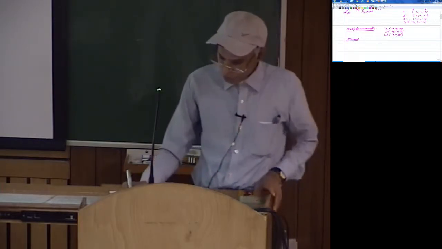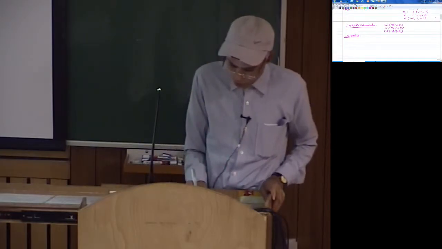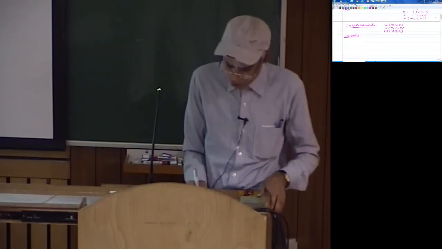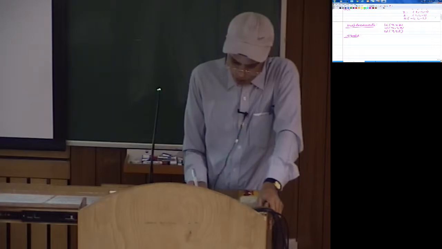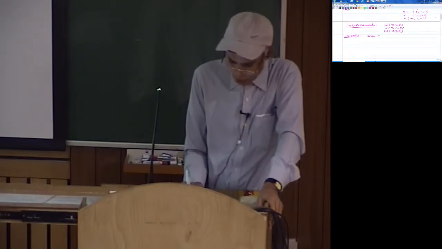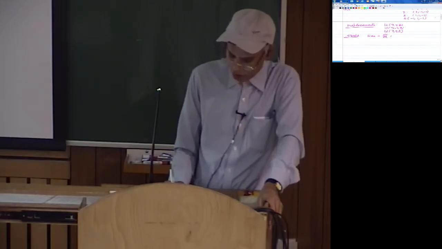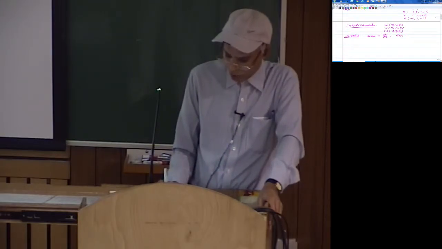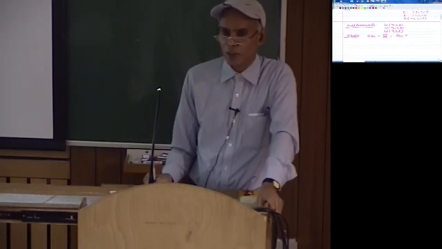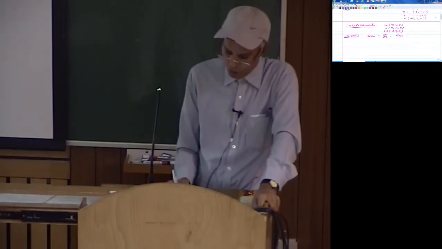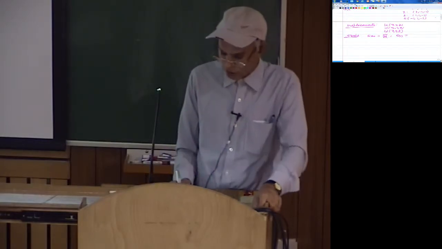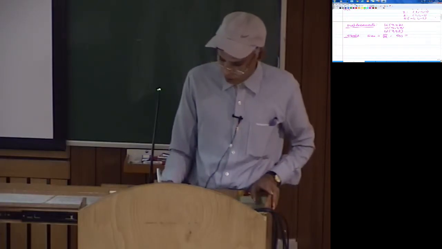And so also the strains. Strains, if you want to write them separately, and then of course you can always put them into the vector notation. So epsilon x is del u by del x, the rate of change of u along x direction. Epsilon y is, of course we are assuming that the displacement gradients are small, so the nonlinear terms in the expressions for strains are negligible.